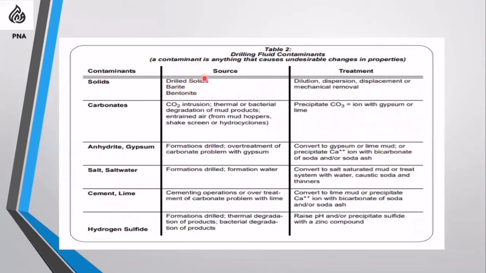But we are talking here mainly about drill solids, because barite or bentonite is no issue. Barite is considered a high gravity solids and is no issue in our mud. Our problem is the low gravity solids in drill solids.